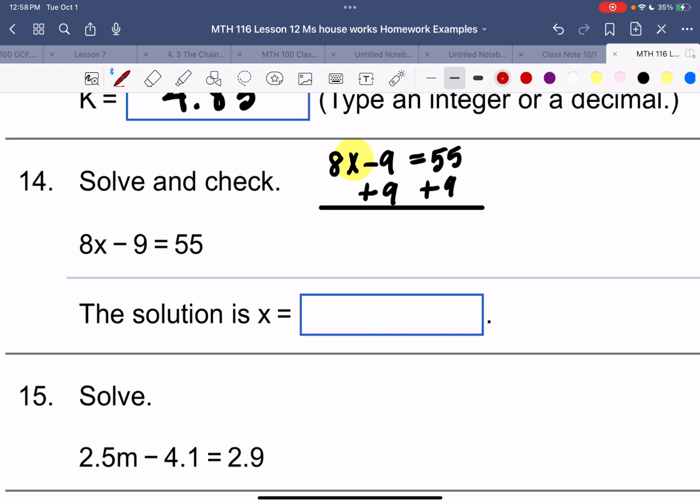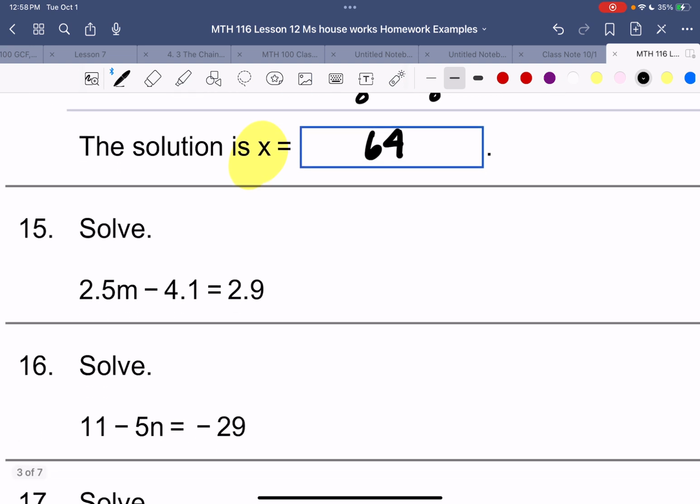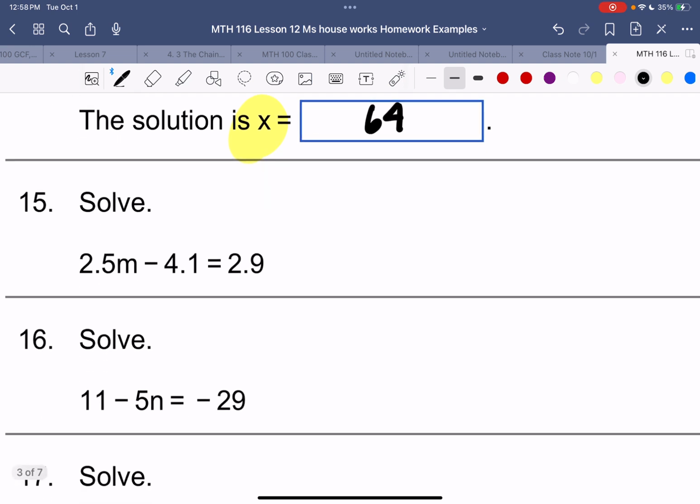Well, the negative 9, positive 9, that's a 0. So I have 8x equals 64, but I'm not finished because I need a 1x. Look, I'm looking for the value of a single x. So here I've got multiply, I have to divide by 8. X is 8. So you need to do the add or subtract first, then do the multiply or divide.